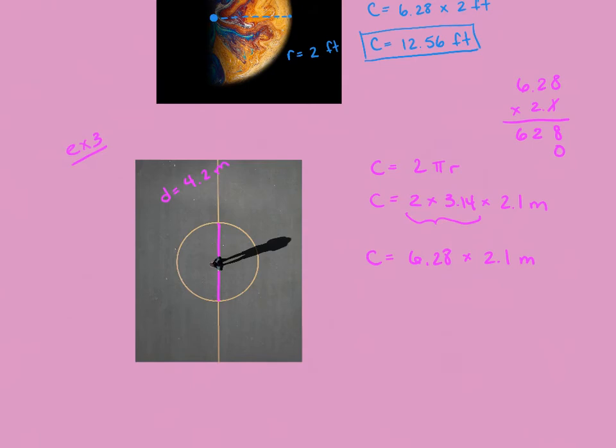Placeholder. Now go with the 2. 2 times 8 is 16. Carry the 1. 4, then 5. And 6 times 2 is 12. So we have 13.188 meters is the circumference.